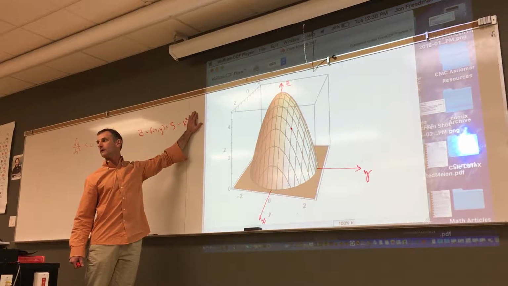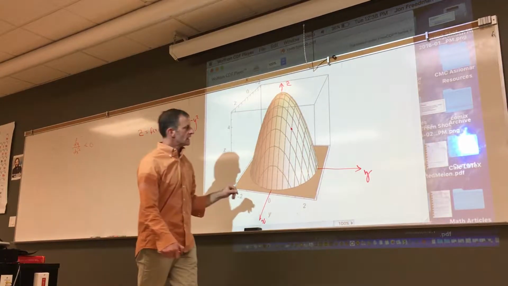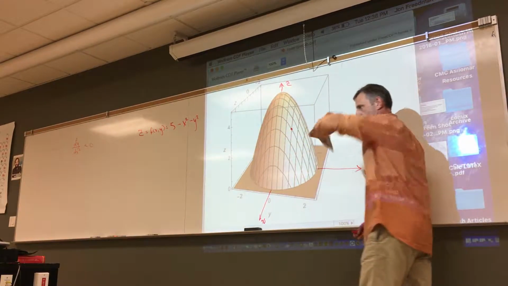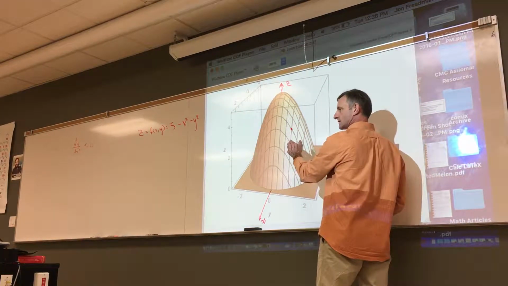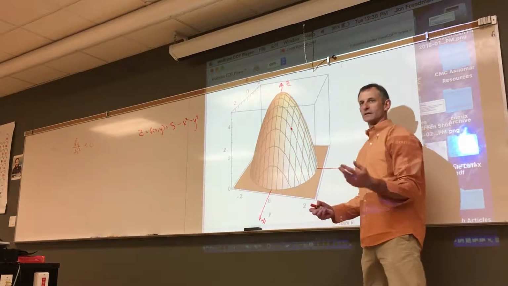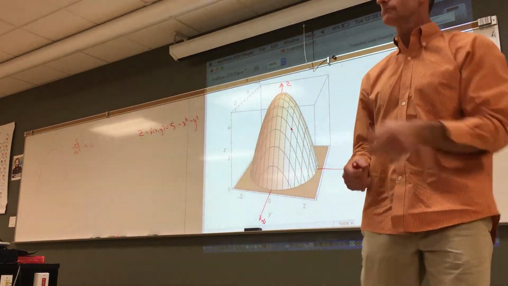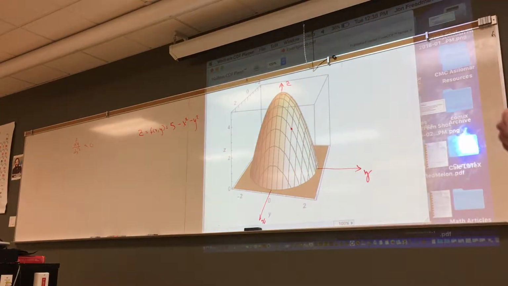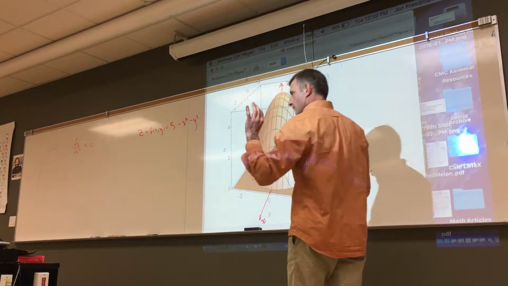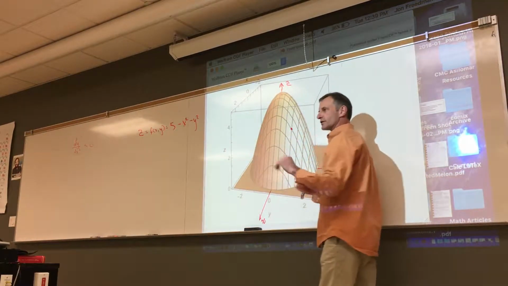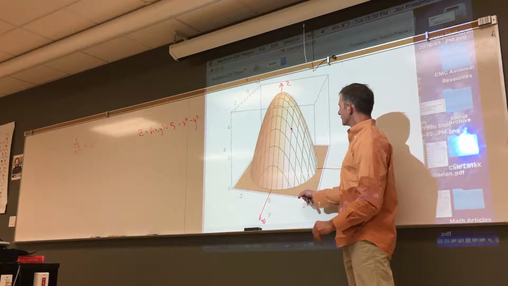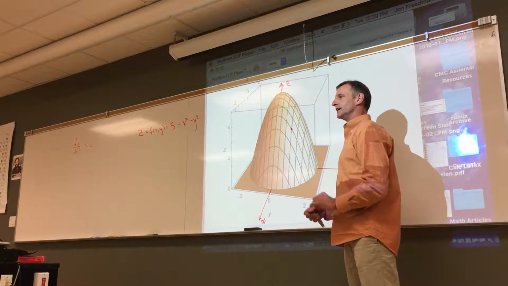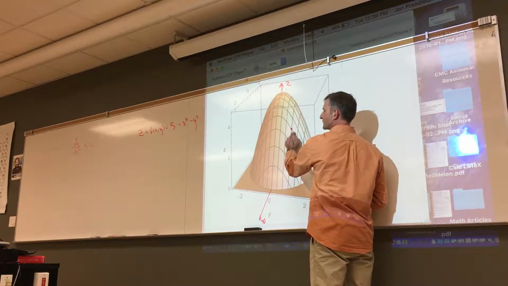Cool? So here's my question to you. If I look at slices parallel to it, say like the one that goes through this, can you see the curve that this point is on, parallel to the xz plane? It's a yes, no question. I get a few nods. You see that slice? So my question to you is, relative to the xz plane, so just in terms of z, in terms of x, what would you say is true about the concavity of the curve that goes through this point?